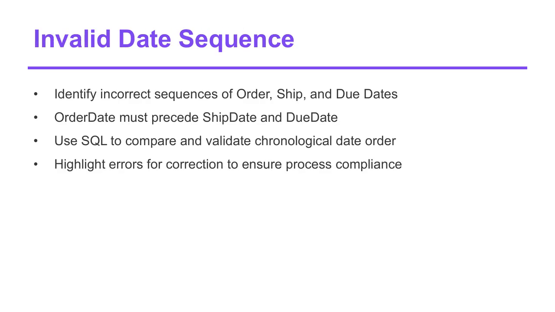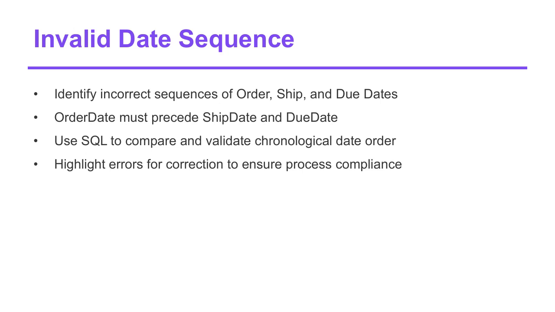We need to identify any instances where the sequence of order date, ship date, and due date is incorrect. The key rule here is that the order date must always come before both the ship date and the due date. Using SQL, we can compare these dates to validate that they follow the correct chronological order.